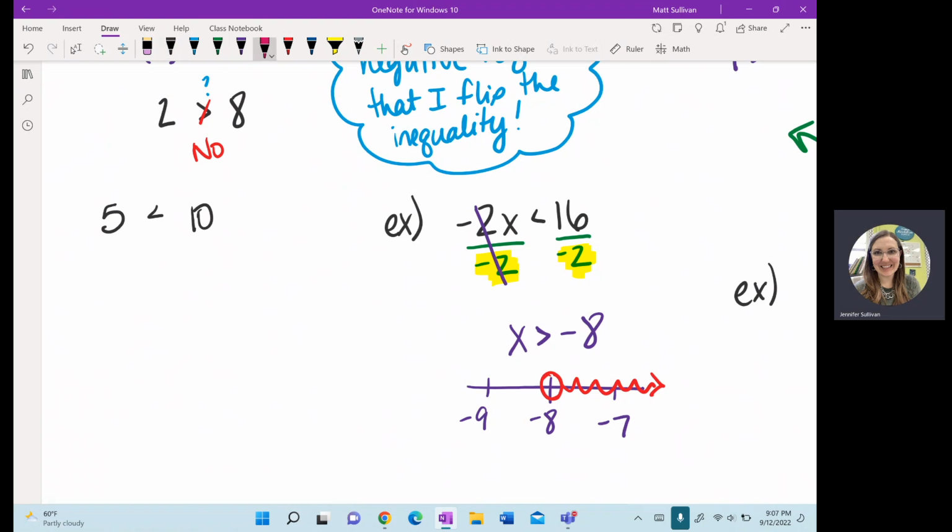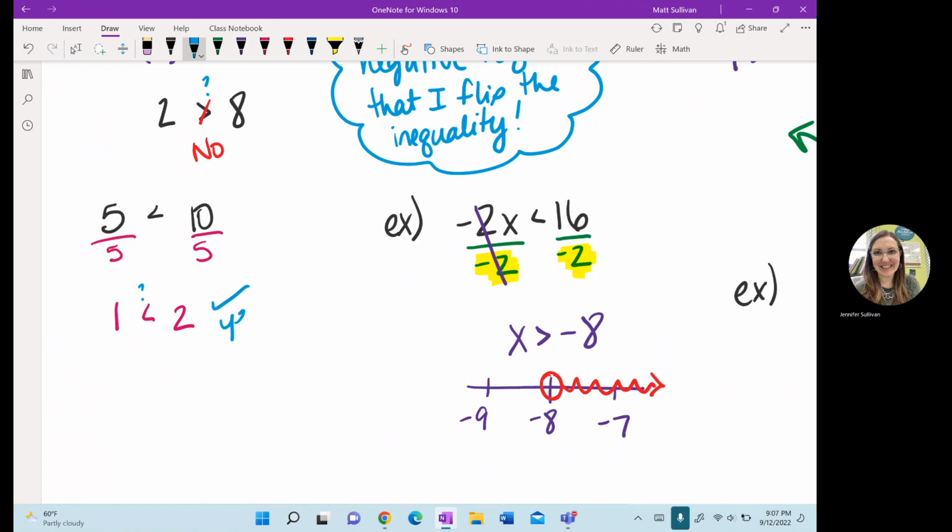And if I were going to divide by 5, 5 divided by 5 is 1. 10 divided by 5 is 2. If we keep the original sign, is 1 less than 2? Yep, it sure is. So dividing by a positive is going to keep the signs the same.